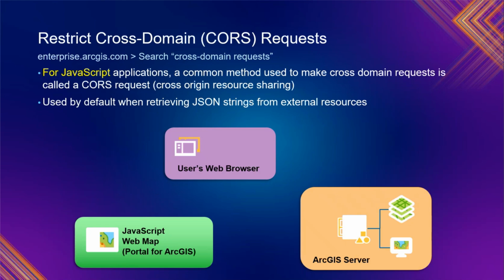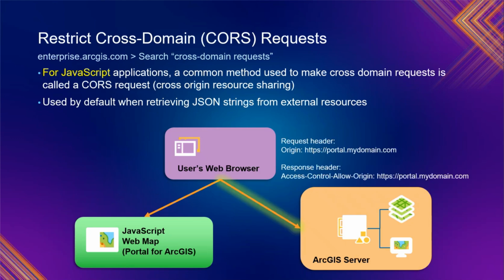As you can see here, the web browser is requesting a JavaScript application deployed in the portal, and this web application is requesting an RGS server deployed in a different domain. Of course, the RGS server will respond with response headers that indicate whether this request is allowed based on your configuration.